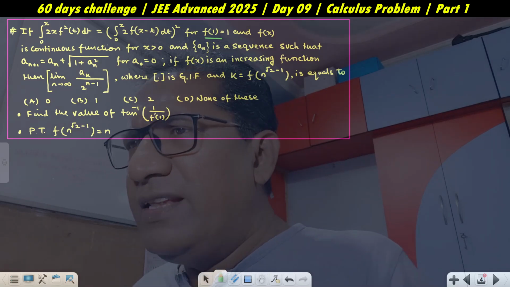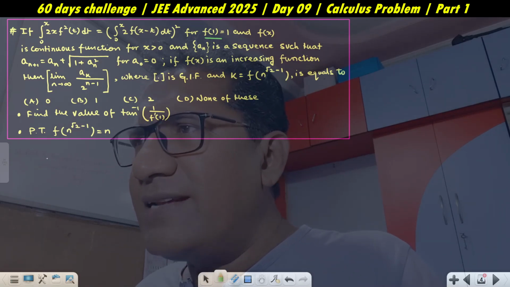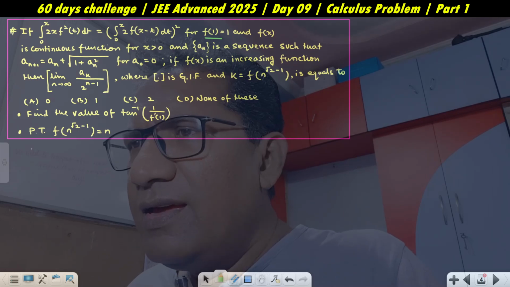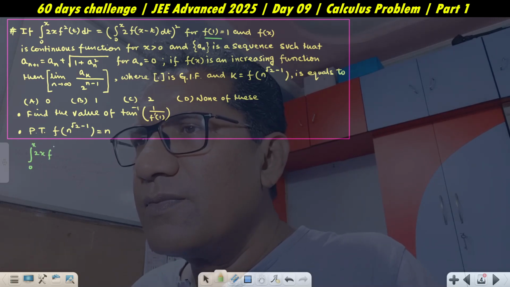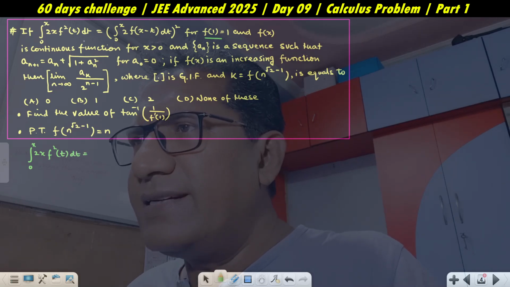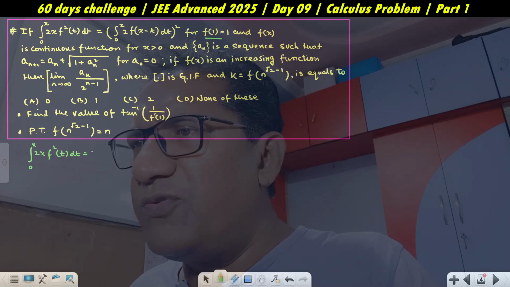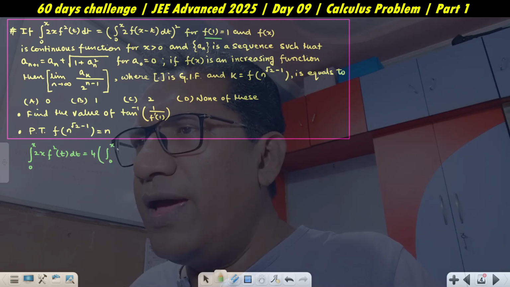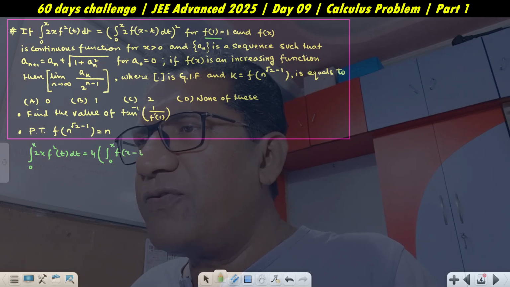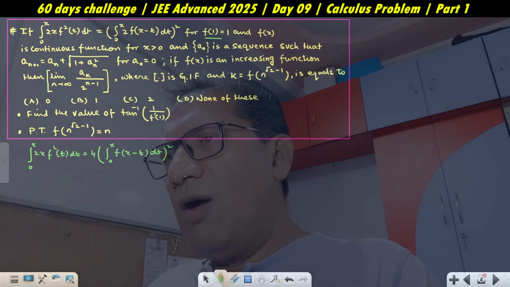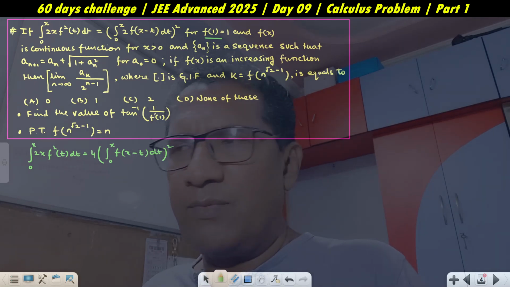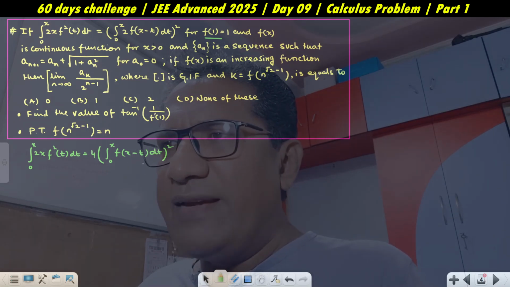So we have been given, the first thing is that the integral from 0 to x of 2x f squared t dt equals, I can take this 2 outside, so it will be 4 times the integral from 0 to x of f of x minus t dt, whole square, right? Now, at this place, f of x minus t is there.